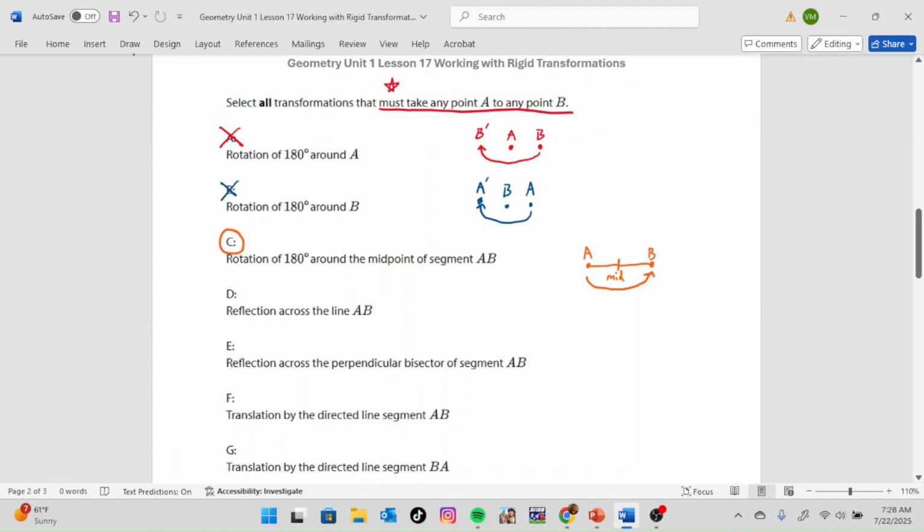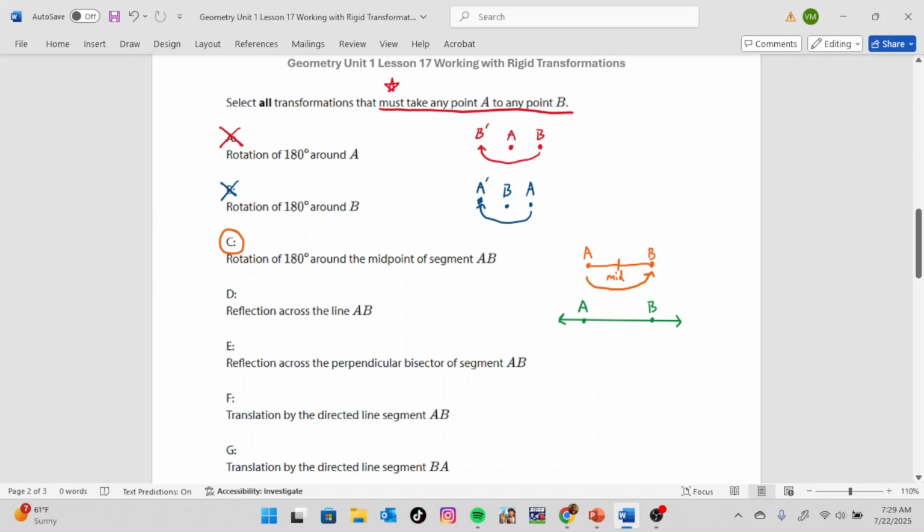Option D, reflection across the line AB. Well, if I have AB and I have a line, if I reflect across this line, then neither of these points change.